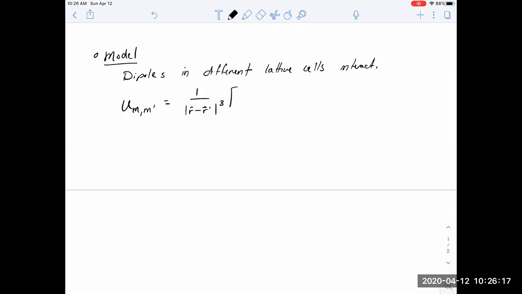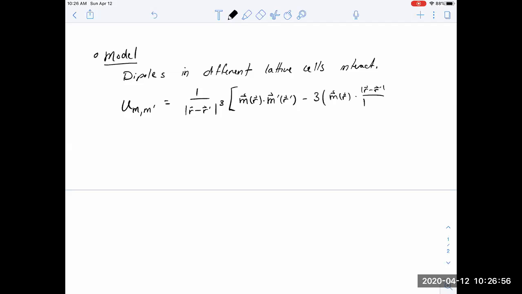And then there is a factor that tells you about how those dipoles are oriented relative to each other and relative to their separation vector. So there's a piece, as we wrote down last time, that asks how the dipole M at R and the dipole M prime at R prime are oriented relative to each other. You ask for their orientations by taking a dot product between those two vector quantities. And then how they are oriented relative to the displacement vector, which I can compute by taking a dot product of M with that separation vector.